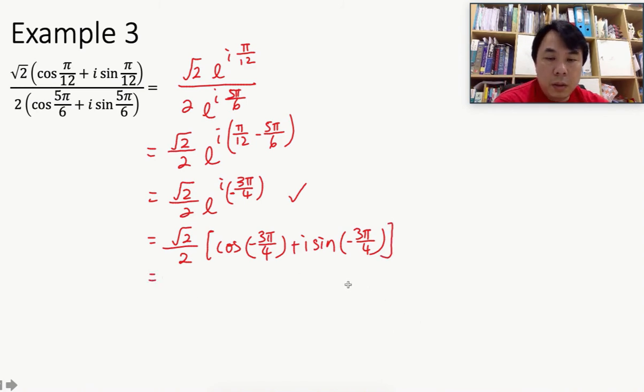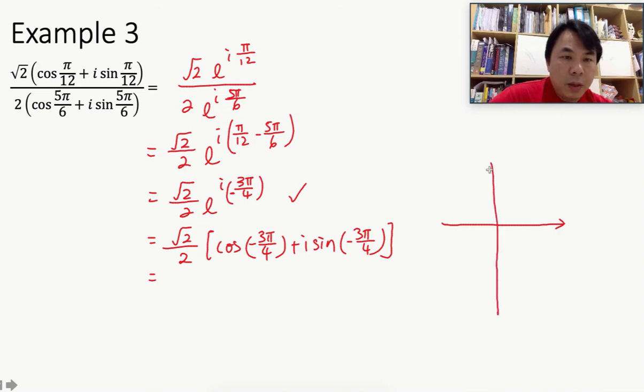Okay, and then just for you to see what you are looking at here, it's always best to draw its Argand diagram before you make any trigonometry decision here.